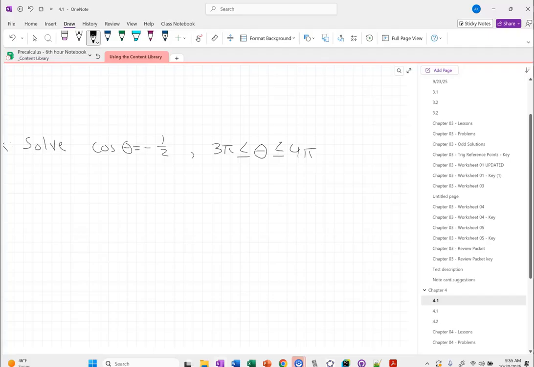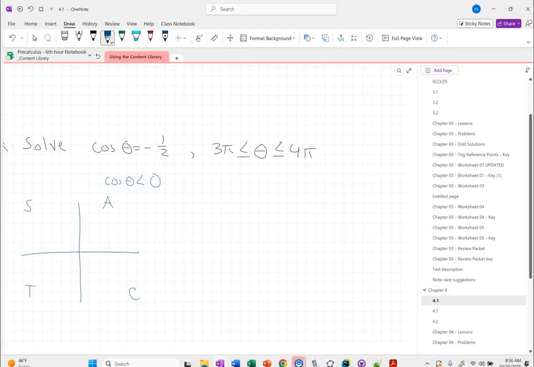We're looking for cosine theta equal negative 1/2 between 3 pi and 4 pi. So again, cosine theta is negative. Where is cosine negative?